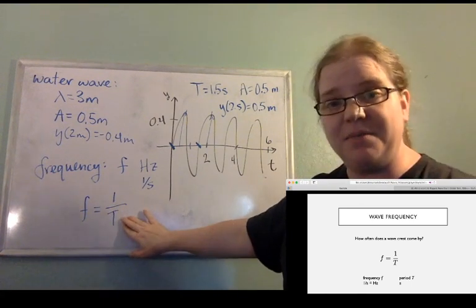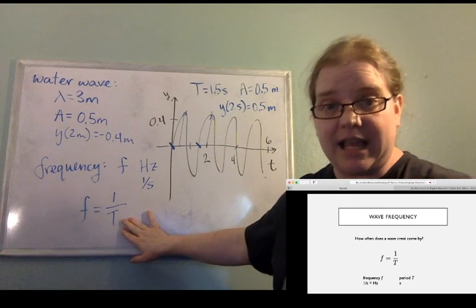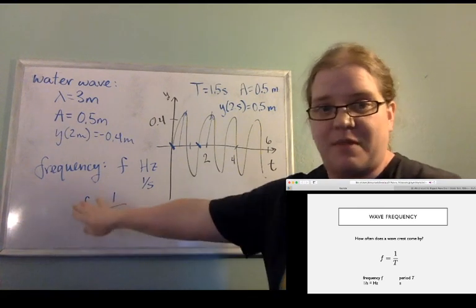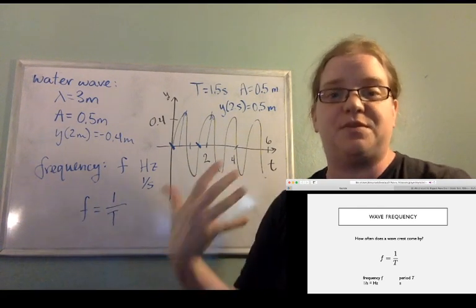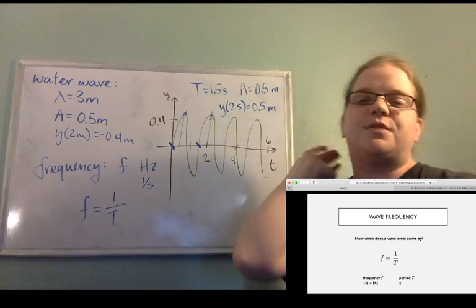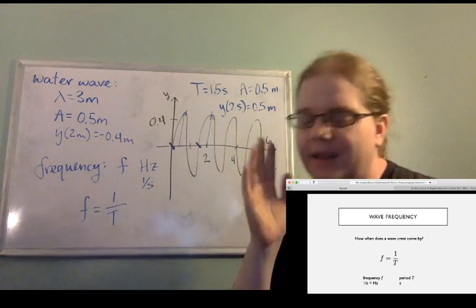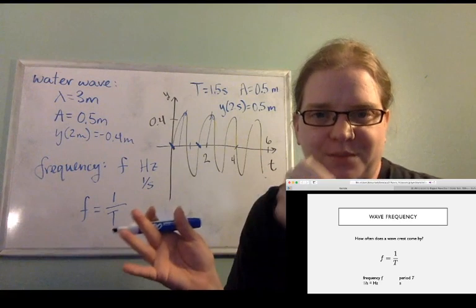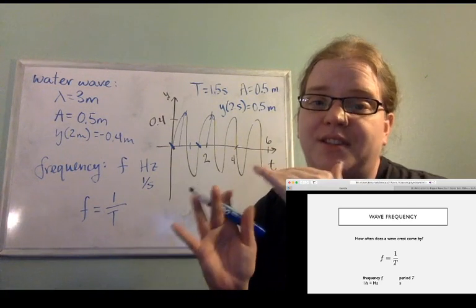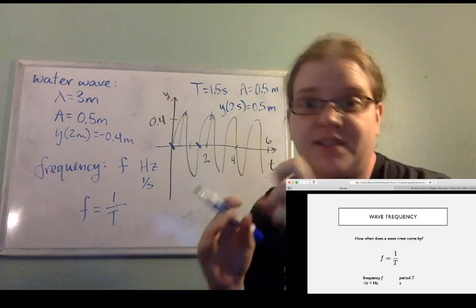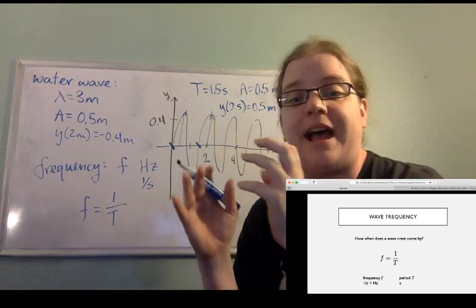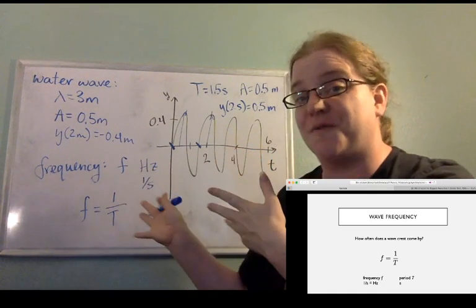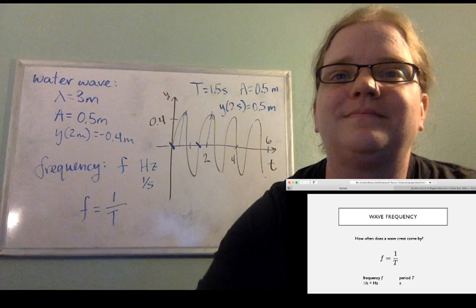But if my time is really small, like a second, or less than a second, then my frequency gets really big. It happens really often. Okay? So if you ever are thinking about waves and you get lost on what f is, you just want to be asking yourself, how often? Does this thing happen often, or does it happen not often, or infrequently, right?